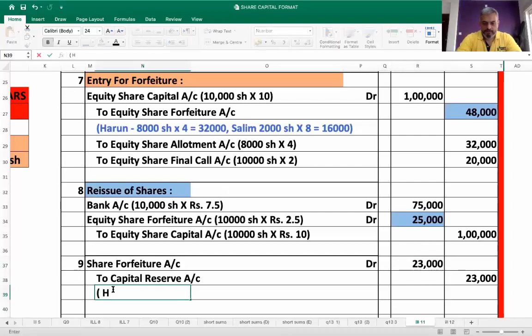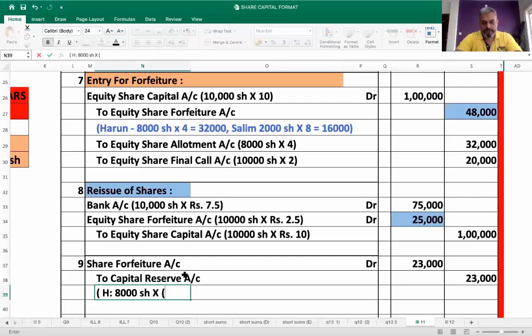For Harun, you forfeited 8,000 shares and reissued 8,000 shares into what is the profit per share? You forfeited 4 rupees for Harun. Can you see over here, all of you, 4 rupees?